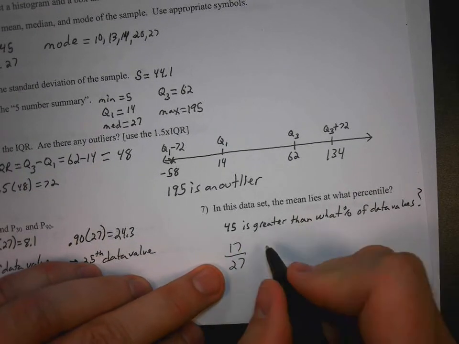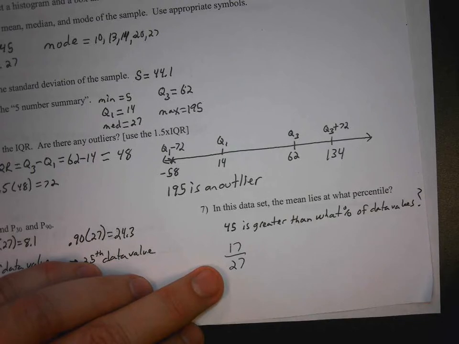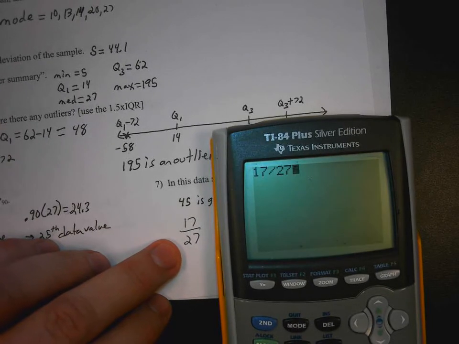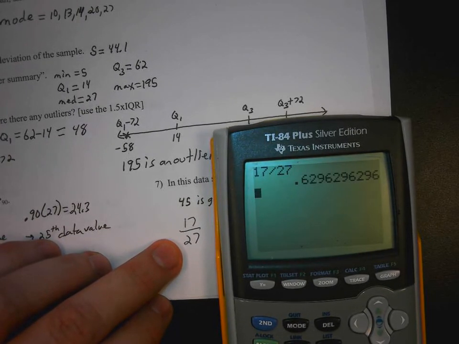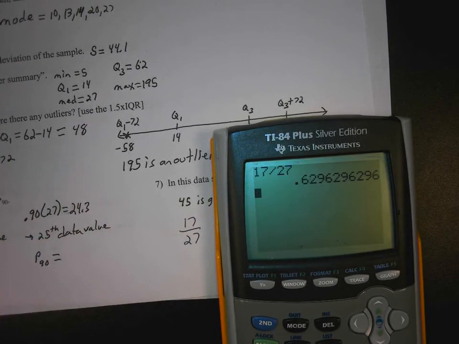There's 27 data values. So when we divide that out, 17 over 27, we get 0.629, which is about 63%.